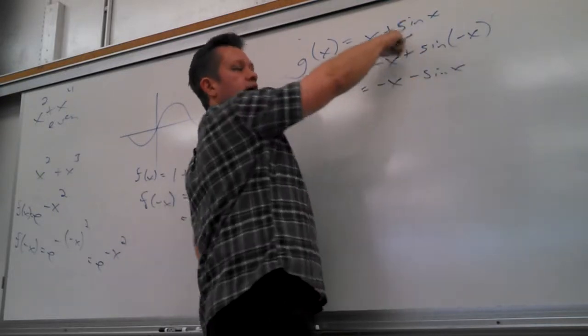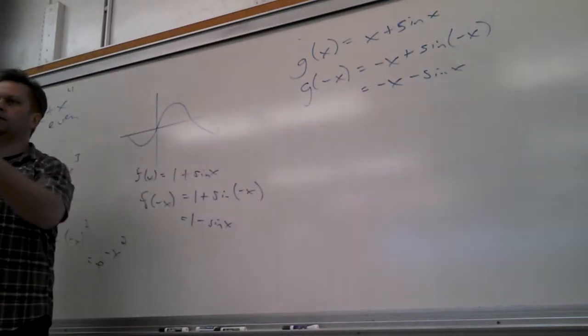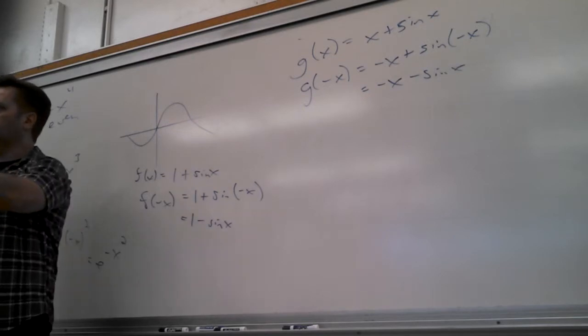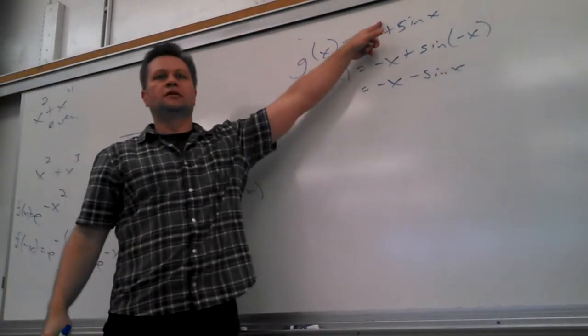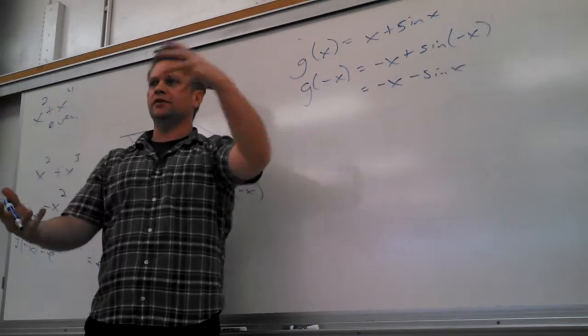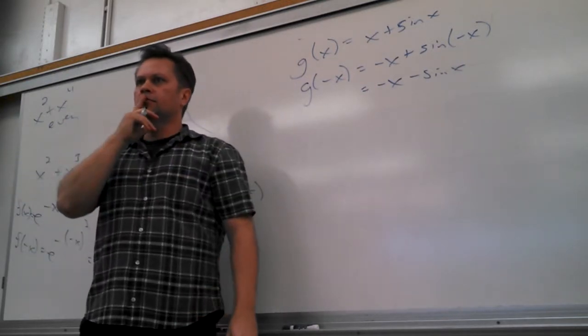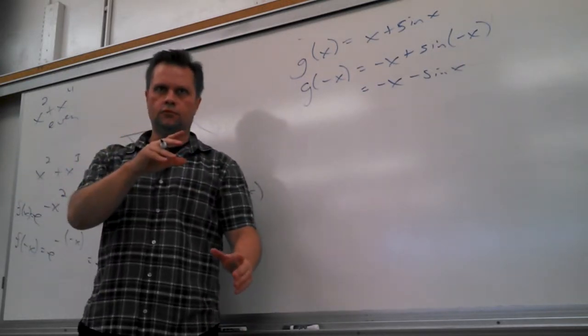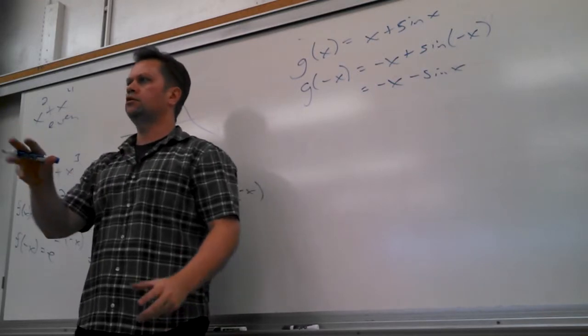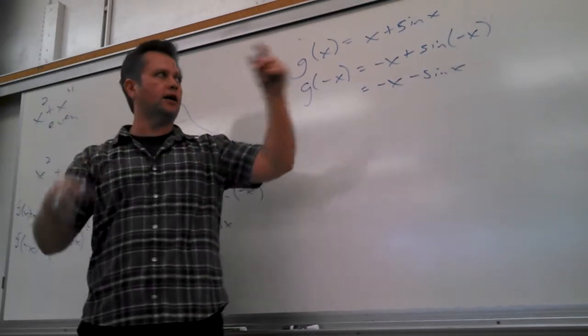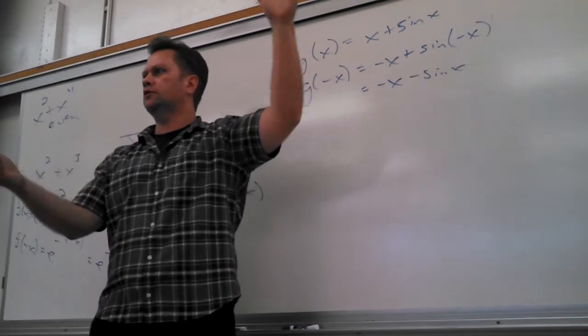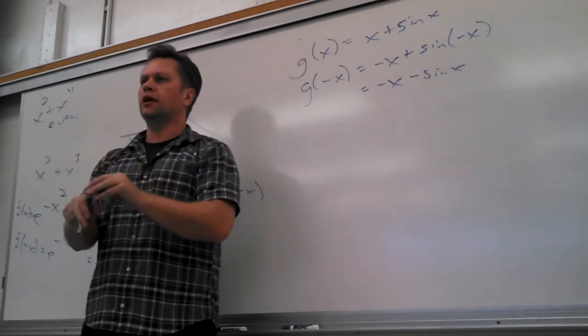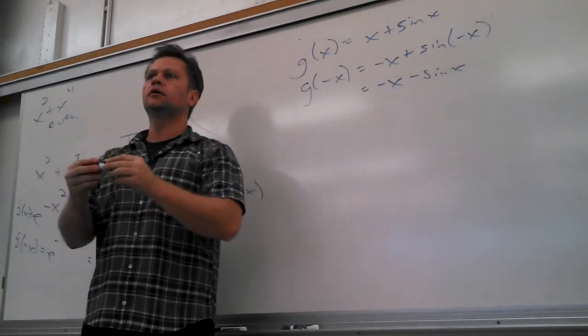So is that the exact negative of what it was? Yes, so it's odd. There you go. Cool. Because sine is odd. And what power is x to? 1. An odd power. So it's odd plus odd, which is still odd. So you should always do the test, but you should realize you can kind of look at it like that and know what to expect. But do the test in case you're looking at it wrong. It's a good idea.